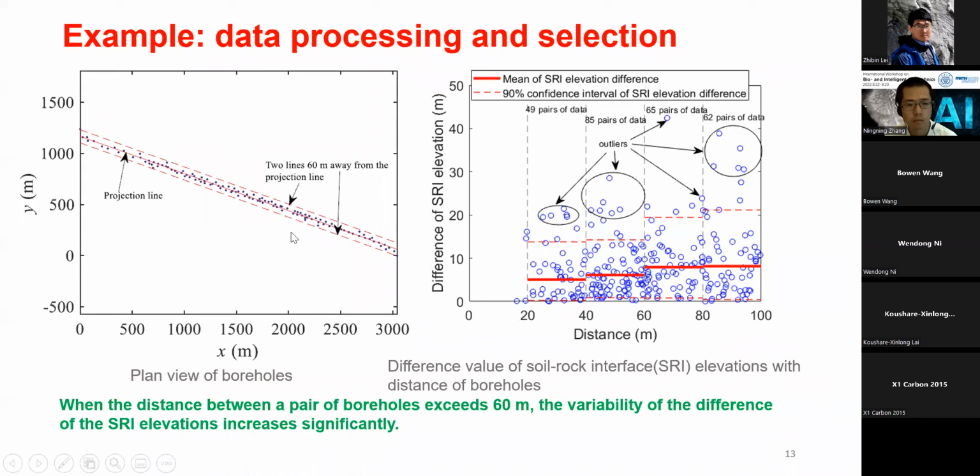So that means that when the boreholes are more than 60 meters away from the project lines, the raw head elevation of boreholes may be quite different from the project lines. So we just select the boreholes within 60 meters of the project lines.